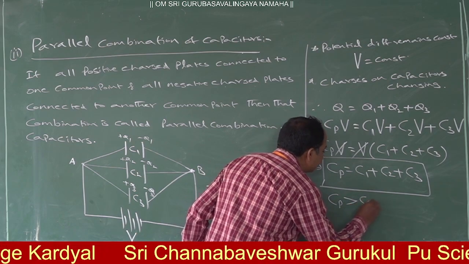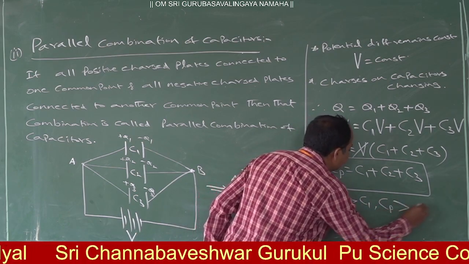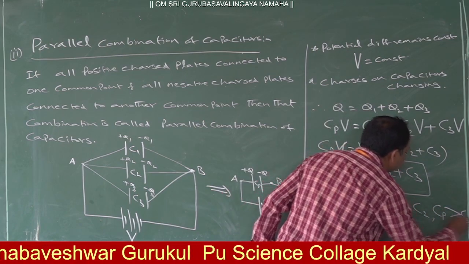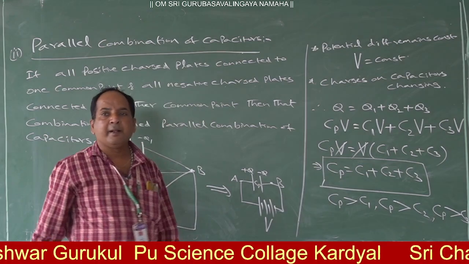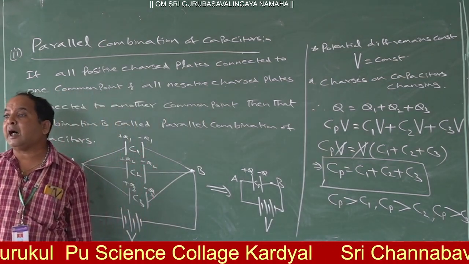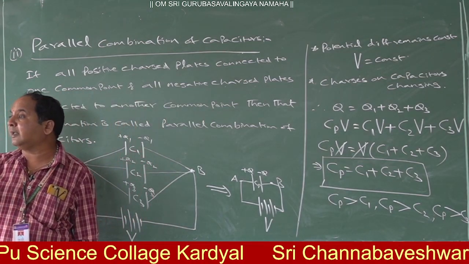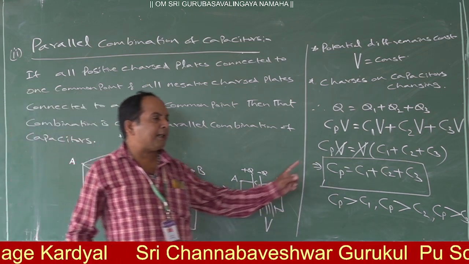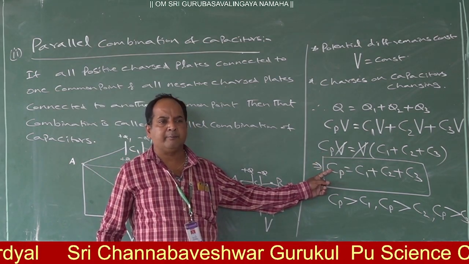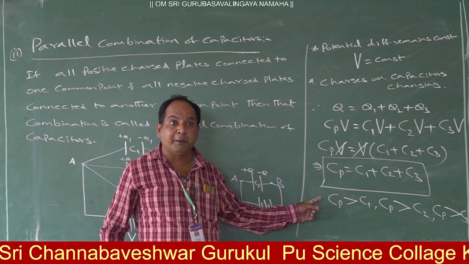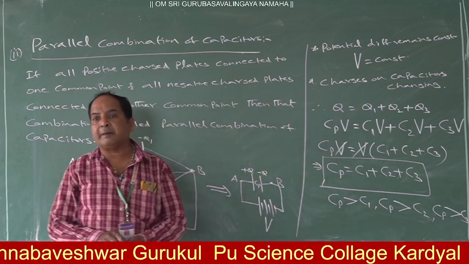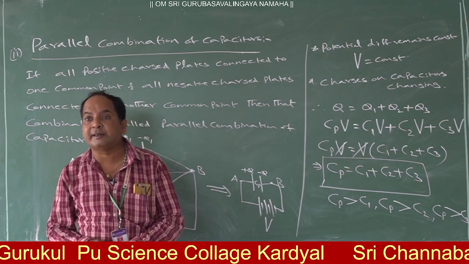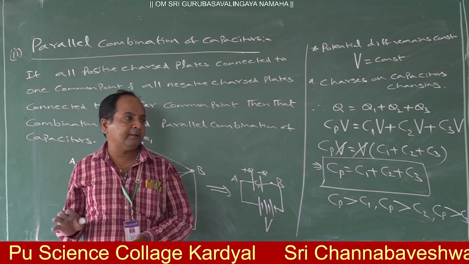Cp is always greater than C1, Cp is always greater than C2, Cp is always greater than C3. That means the effective capacitance is always greater than the individual ones. So where more capacitance is required, we should use the parallel combination.